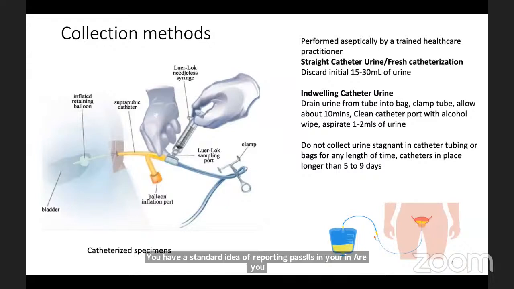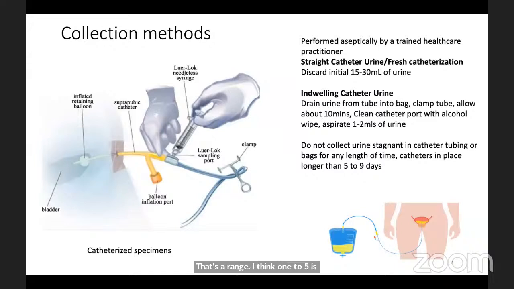There's a range. I think 1 to 5 is normal, 5 to 6 is trace, 6 to 10, 1 plus, there's a range. I don't have them offhand, but there's a standard way of grading white blood cells in urine.